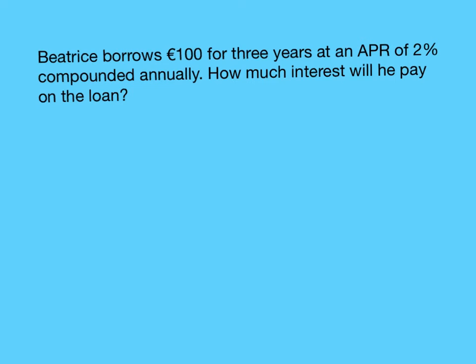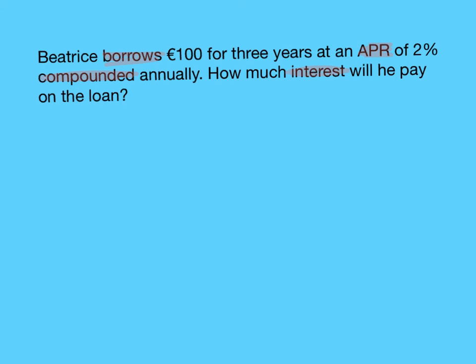So again, go ahead. It's a little bit different language here, but don't worry. Again, we see some keywords. So keywords like that tell us that we're going to be doing compound interest. So things like borrow, we see APR, we see compounded. Interest, they're all keywords that tell us we're going to use this.